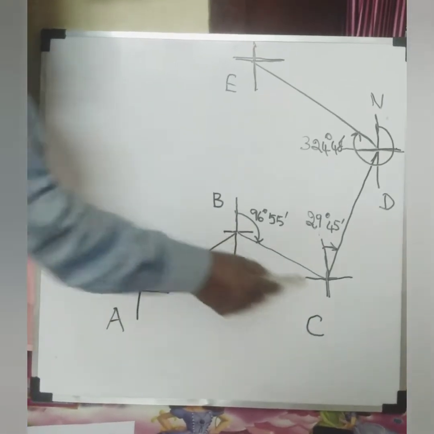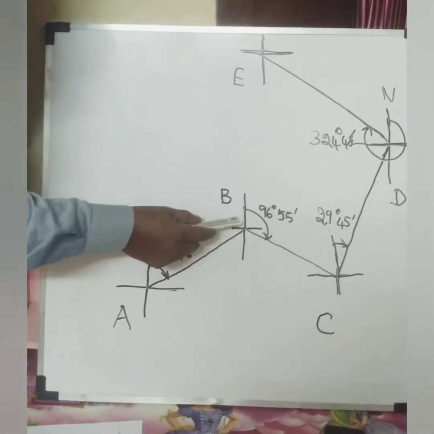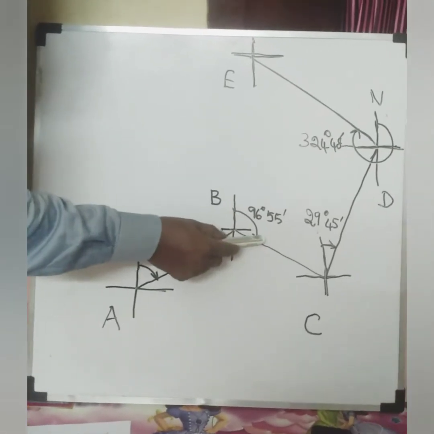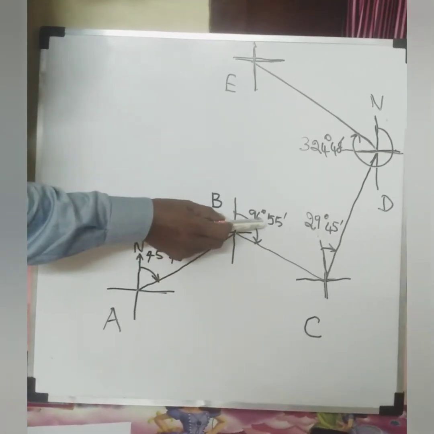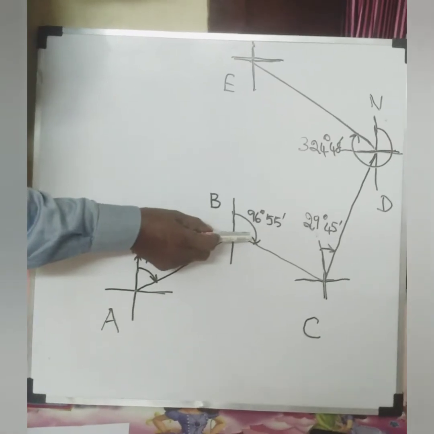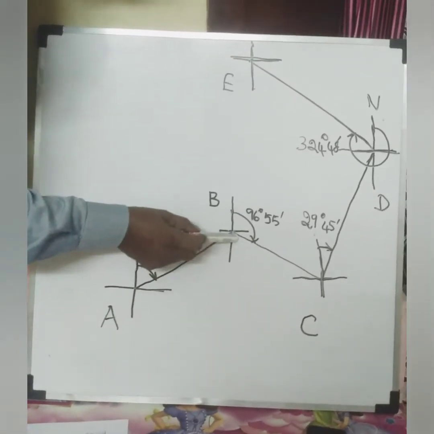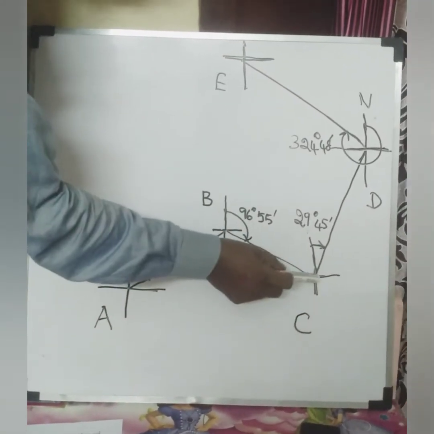Next line BC. The observed forebearing of BC is 96 degree, lying in the second quadrant between 90 to 180 degree. So I can draw the line BC here.